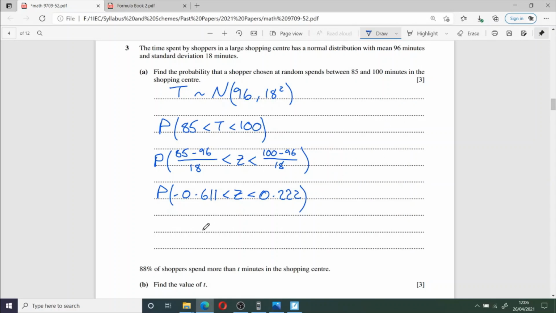Okay, so if I draw a quick sketch of my normal distribution curve, I want where it's less than 0.222 and greater than negative 0.611.